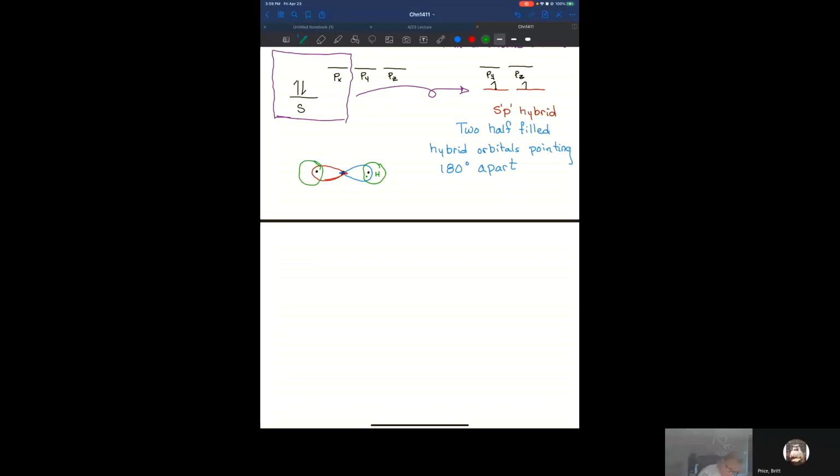Of course, nothing is drawn to scale. But there you go. Now we have the two bonds in a head-on fashion. Hybrid orbitals always overlap in that head-on or sigma fashion.